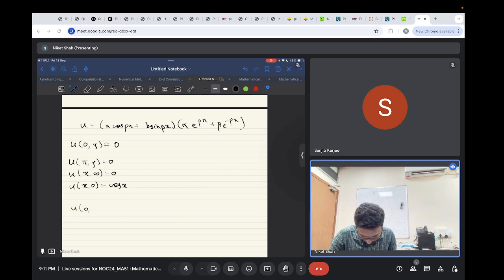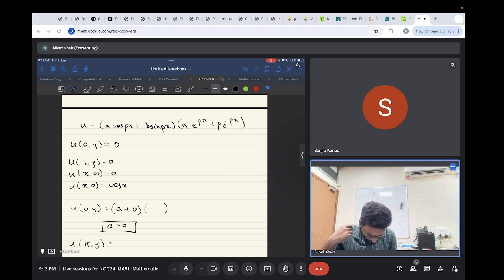So u of 0 comma y is equal to a cos px will give me 1, so a, plus sin px will give me 0, and this is a function of y. So again a has to go to 0, just like we discussed right now. U of pi comma y also has to be 0.